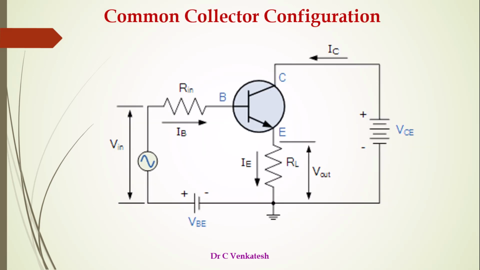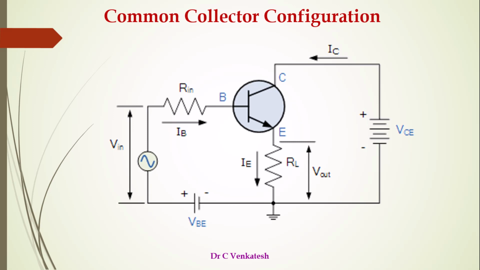Next, we are going to see the common collector configuration. In the common collector or grounded collector configuration, the collector is now common through the supply. So, the collector is common to both the input and the output. The input signal is connected directly to the base terminal, while the output signal is taken from across the emitter load as shown in the figure.